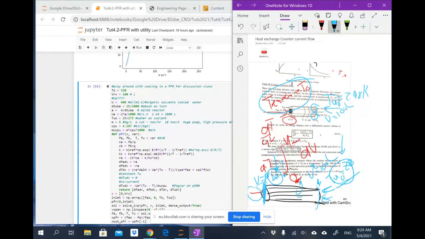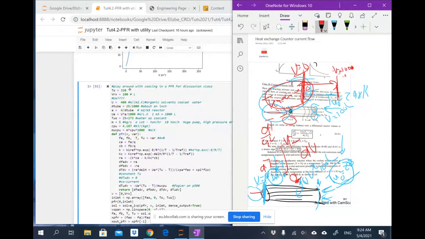It depends on the amount of heat that was exchanged between my fluid and my utility as they cross each other's paths along this volume of my reactor. And I need to integrate it from a point where volume is 0 to a point where volume is 100, sorry, not 1,000. And at volume is 0, I know the inlet temperature of my reactor mixture, that is 320.